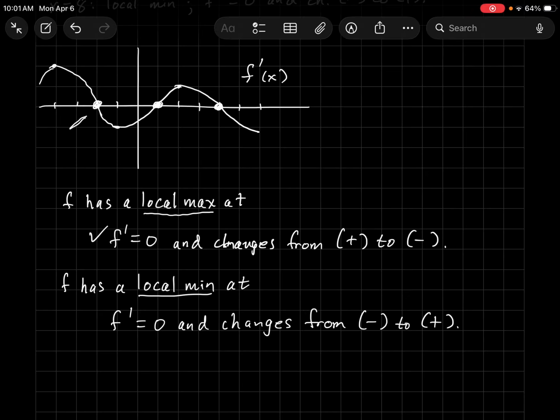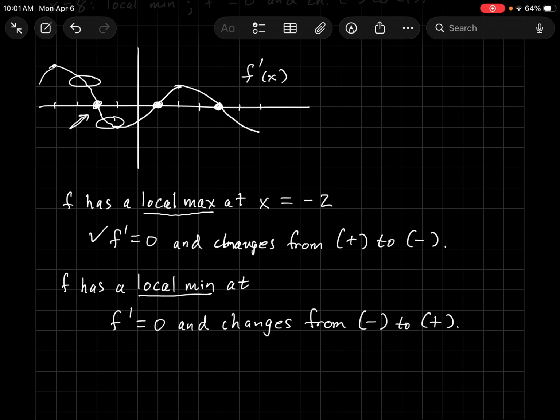At this first one, notice that f prime is positive then negative because I have a graph of f prime. So at x equals negative 2, there's a local maximum of f, which I can't see.